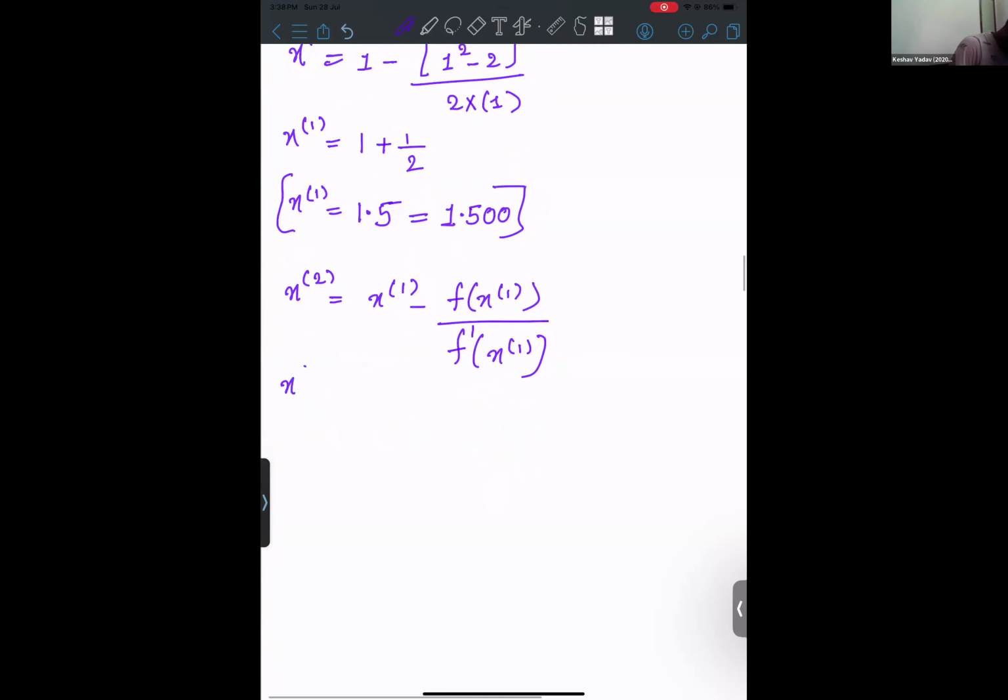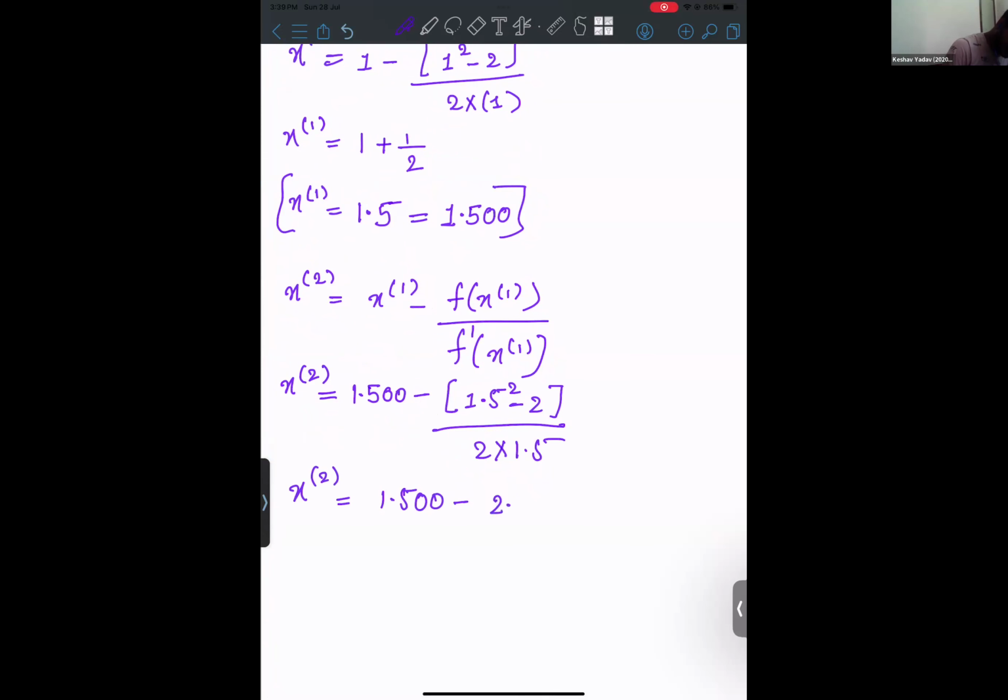Now x at the second iteration will be equal to x at the first iteration, what was the value? 1.5, minus 1.5 square minus 2 divided by 2 multiplied by 1.5. So x at the second iteration will be equal to 1.5 minus 1.5 square, that is 2.250, minus 2, divided by 3.